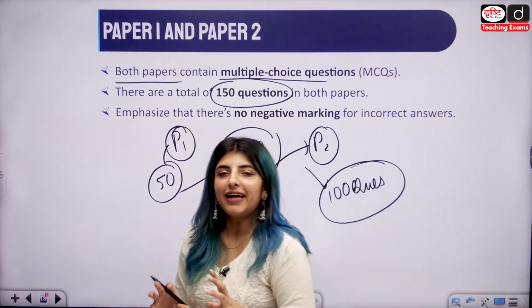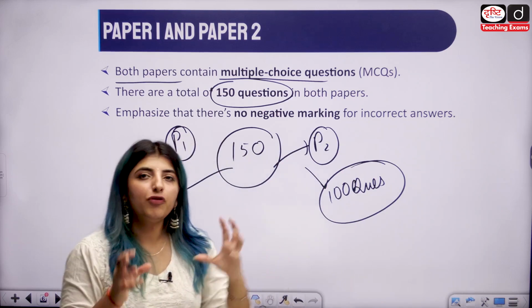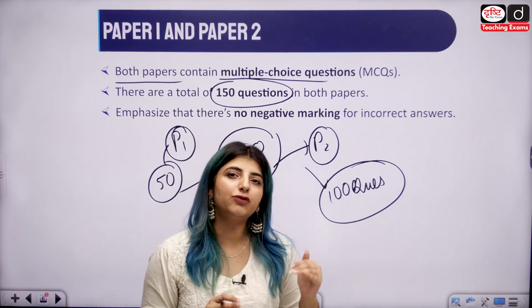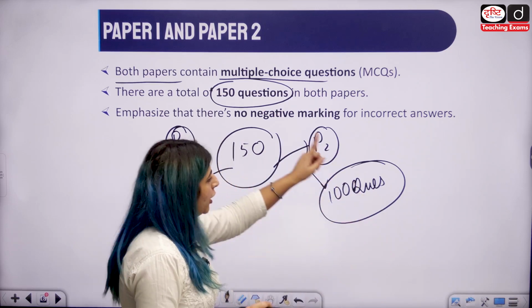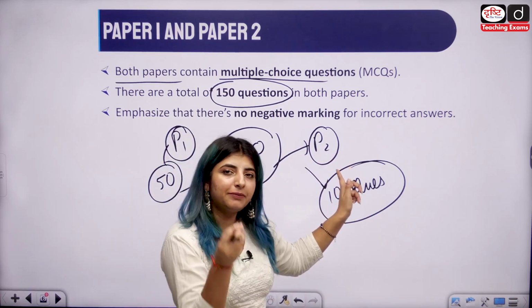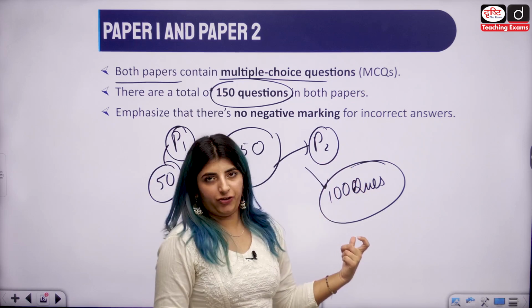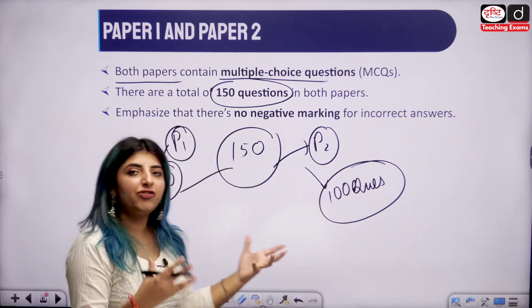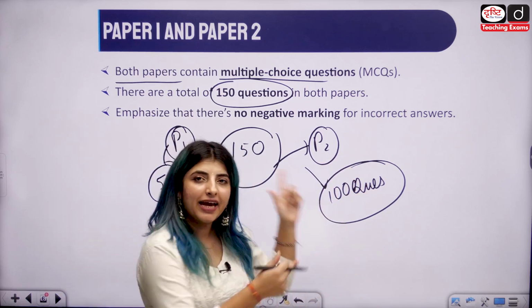Right? So the maximum of 150 questions are asked to test your knowledge in the subject-specific area with 100 questions, and to test your teaching and research aptitude skills in paper 1 with 50 questions.